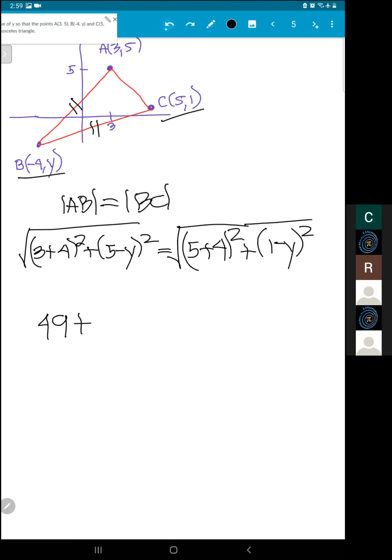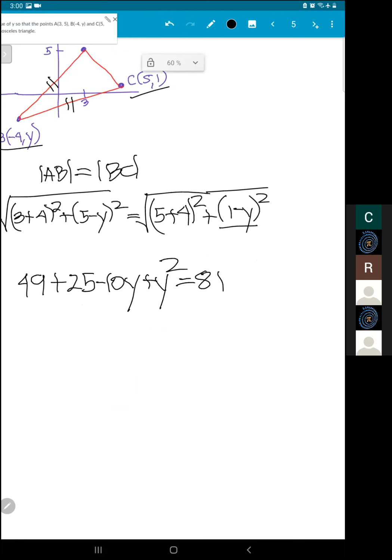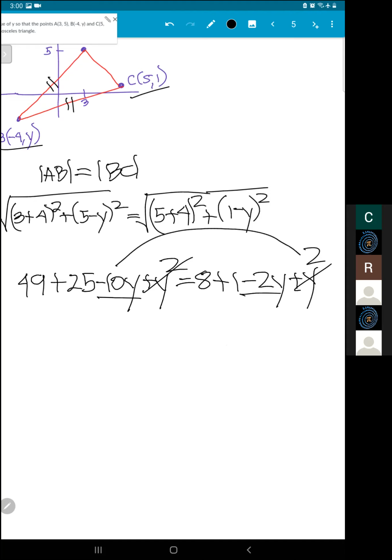Expanding this one. Notice that y squared will cancel out. And then you'll be left with negative 10y, negative 2y, which you can transpose here.